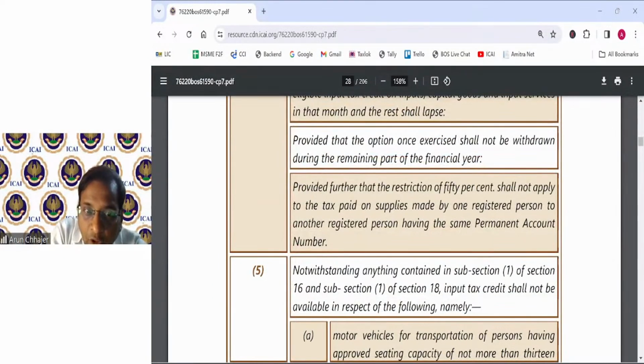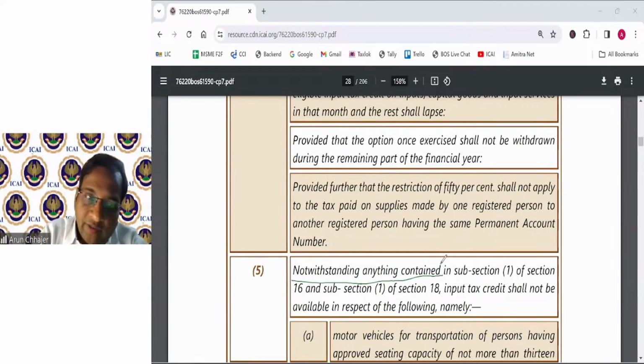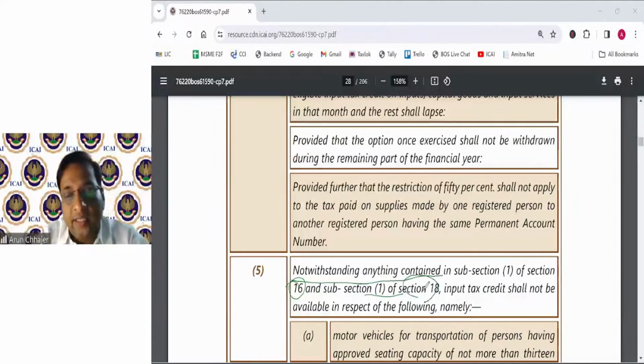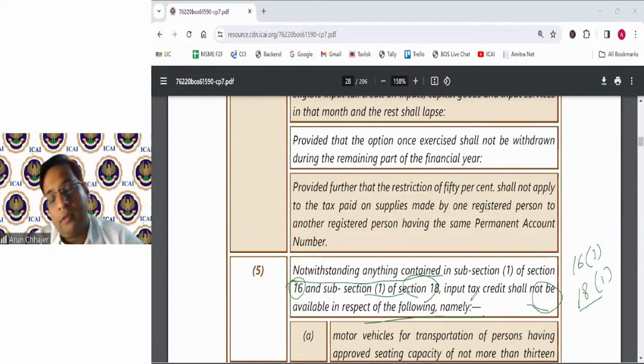It says that notwithstanding anything contained in subsection 1 of section 16, subsection 1 of section 18. It means whatever is written in 16.1, whatever is written in 18.1, ITC is not available if it is covered in the following items.